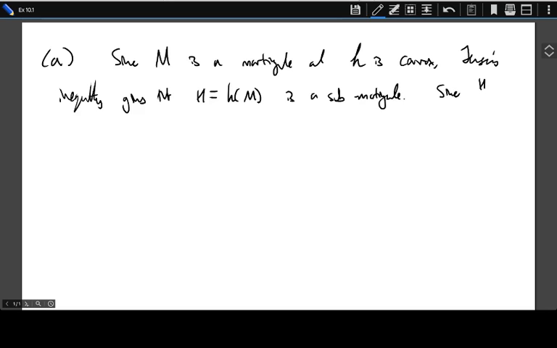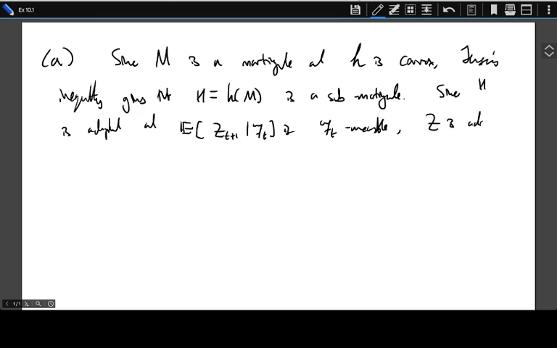Since H is adapted, and the expectation of Z given Ft is Ft measurable by definition of the conditional expectation, Z is also adapted, because at any time t, Z either takes a value of H or it takes the value of this conditional expectation, and both of those are Ft measurable.